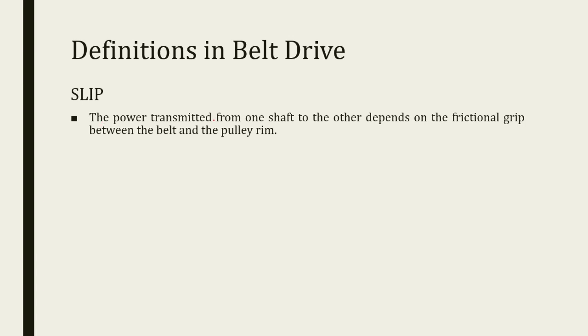Slip. The power transmitted from one shaft to the other depends on the frictional grip between the belt and the pulley rim. So always when you have mounted the belt on the pulley rim, there is always a friction present between the two objects that you are taking into consideration, that is the belt and the pulley rim.